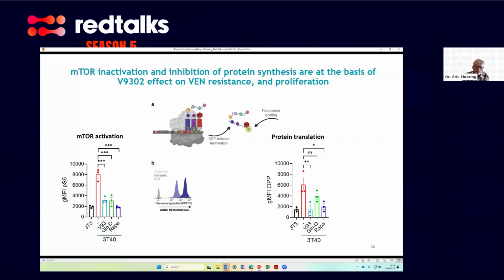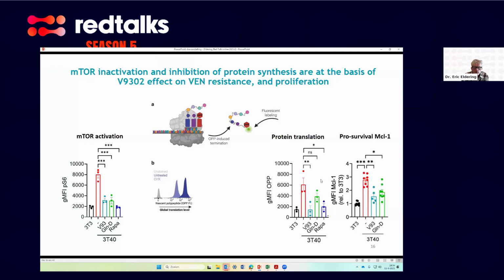which is to be expected based on the previous results of the metabolites. And again, rapamycin also prevents protein translation. And as an illustration of that, we use MCL1, which is again strongly induced at the protein translational level if we use CD40 stimulation.